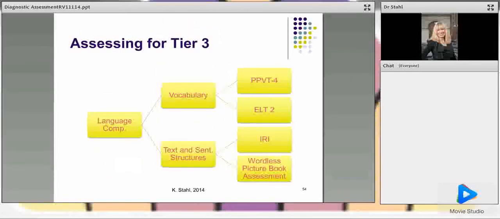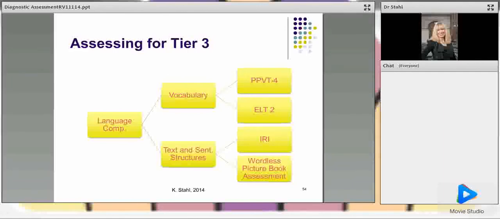For children who are having trouble in the comprehension area and who scored in that 1 and 2 area, their proficiency was 1 or 2. And now you're going to look at what is causing them to get a 1 or 2 in this comprehension. What kind of comprehension problems are they having?